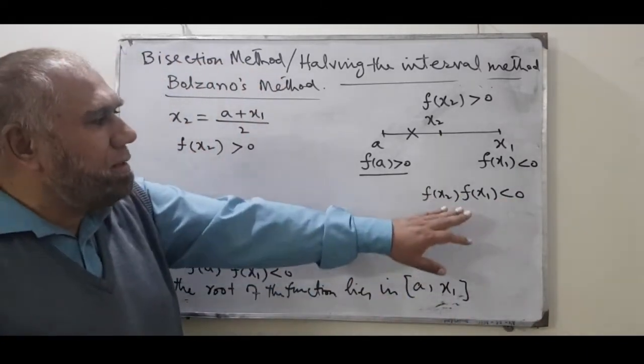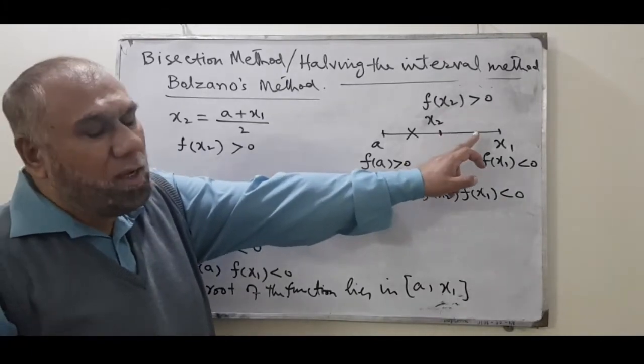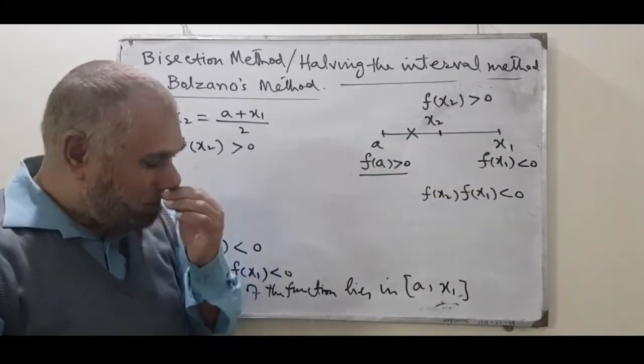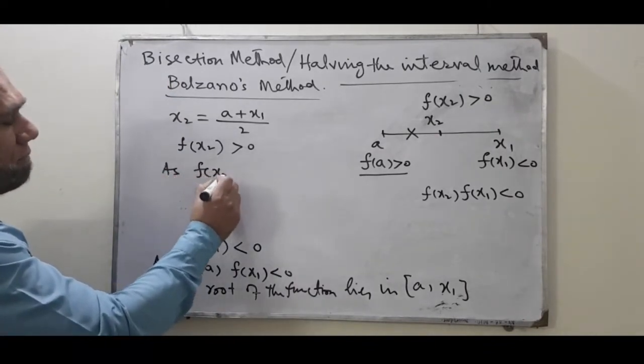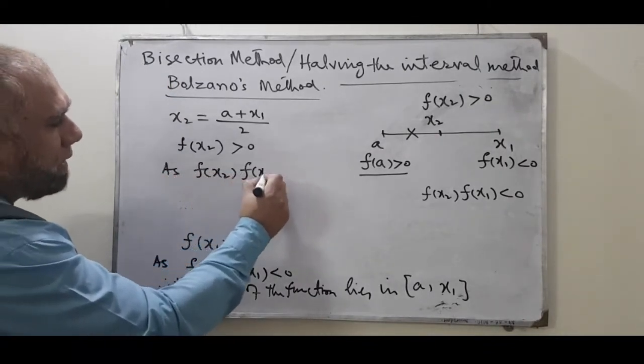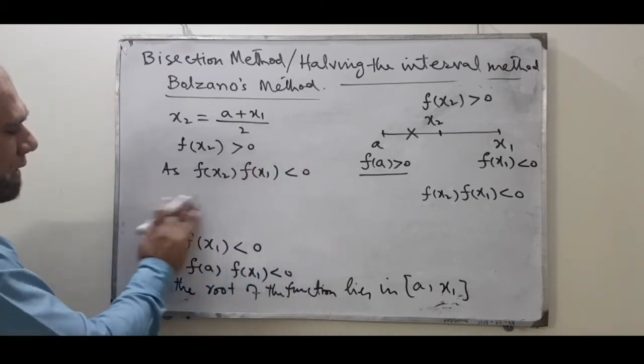So this means that the new interval for the next iteration will be from x2 to x1. So here we write down that the product of the function at x2 and at x1 is negative, fulfilling this condition of negative sign.